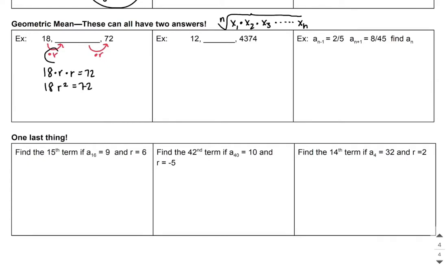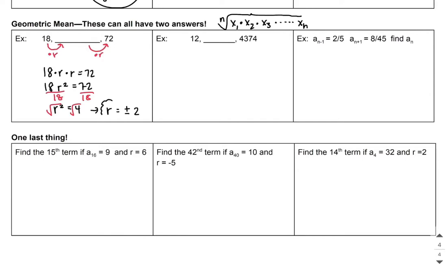I had to multiply r squared times 18 to get 72. And then I'm going to divide both sides by 18, and I'm going to see that I have r squared is equal to 4, and then I take the square root of both sides. When I take the square root, I need to include the positive and the negative.